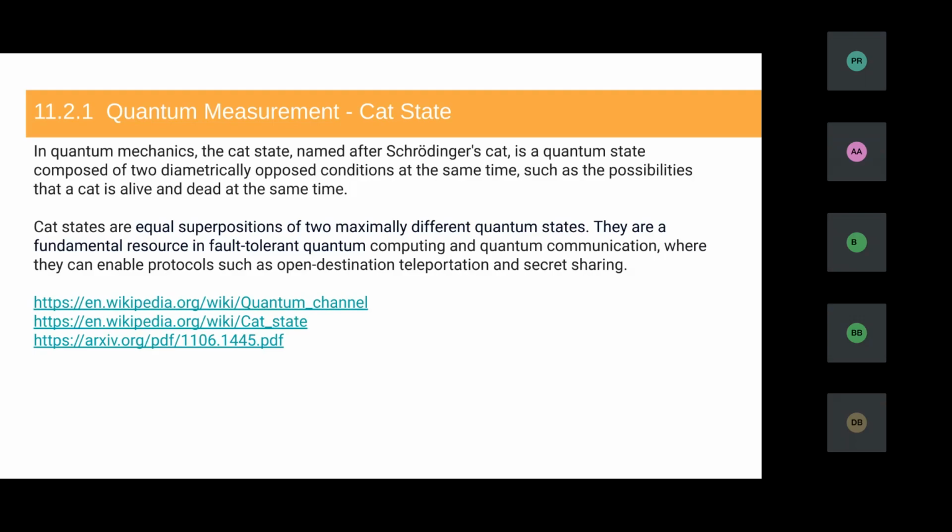That means if Alice measures and it collapses to zero, then Bob, even if he were on the Moon, will also see zero. Whenever he checks it, it will be in the zero state. So it is a spooky state change, or state collapse, at a distance. How can it be faster than the speed of light?